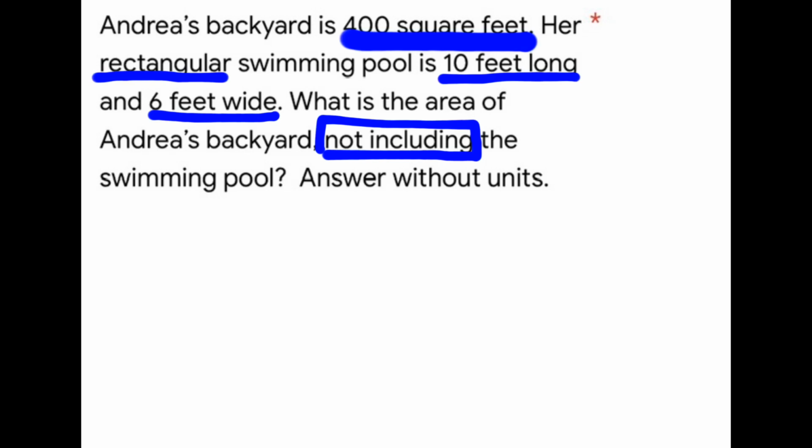So her entire backyard is 400 square feet. We know that off the bat. The backyard is 400 square feet, so feet squared. Now we need to find what is the area of the pool.